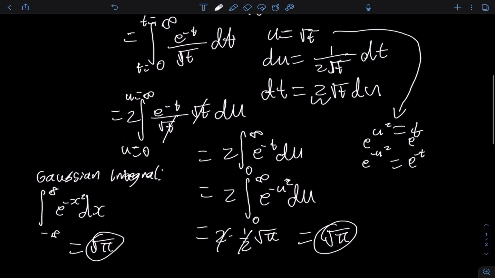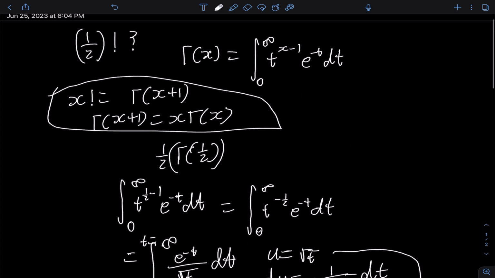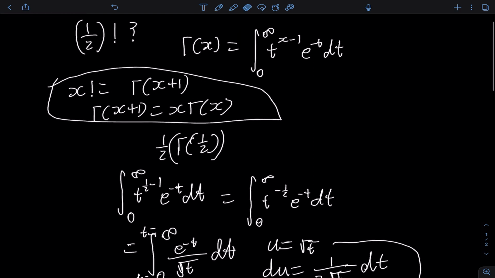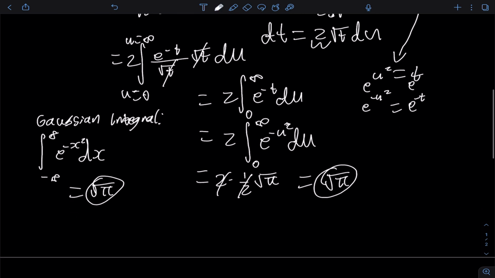And now we know that we are initially trying to find what 1/2 factorial is, and we know that x factorial is the gamma of x plus 1. So what we figured out is the gamma of 1/2. But to figure out what the gamma of x plus 1, which is x factorial, is, we use the second property here, which is the fact that the gamma of x plus 1 is x times the gamma of x. So what was our x? Our x was 1/2.